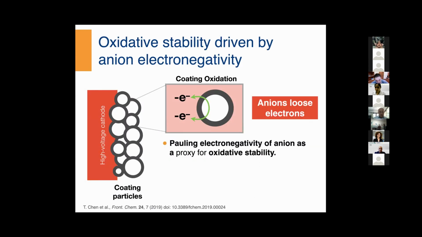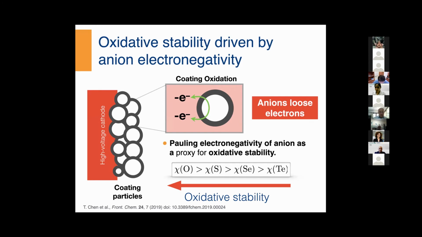But let's rationalize with some phenomenological models what the observations are here. So at the high voltage cathode, let's say V2O5 or magnesium chromate, the governing process is that you're trying to extract electrons from the electrolyte, right? Or from a potential coating material. So if you look at the stability windows, or particularly the anodic stability windows that we observed, they are correlated with the Pauling electronegativity of the anion.